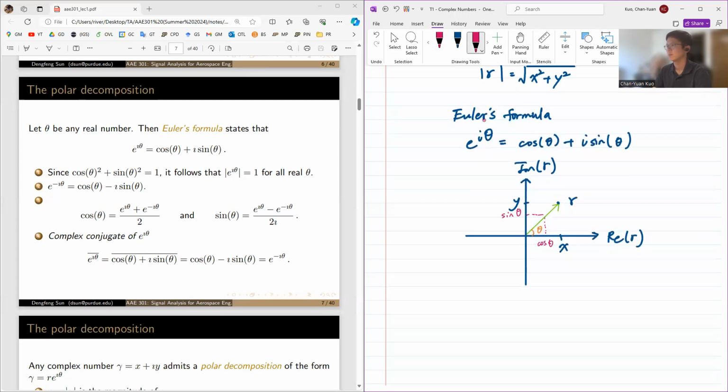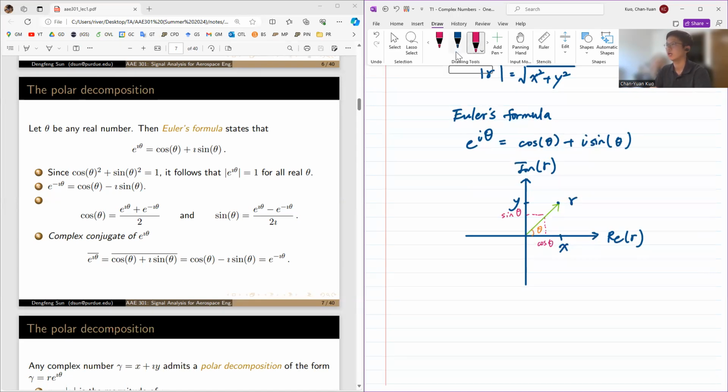So essentially, e to the i theta will be a complex number that points in the direction from the origin to this complex number gamma.